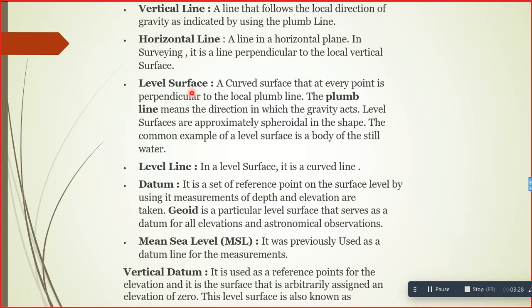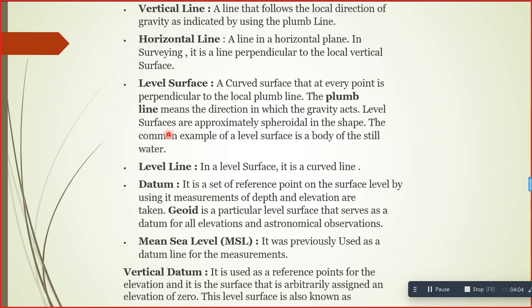A line in a horizontal plane which in surveying is perpendicular to the local vertical. Thank you. We can continue with the level surface. A curved surface that at every point is perpendicular to the local plumb line. The plumb line means the direction in which gravity acts. Level surfaces are approximately spherical in shape. A common example of a level surface is a body of still water.